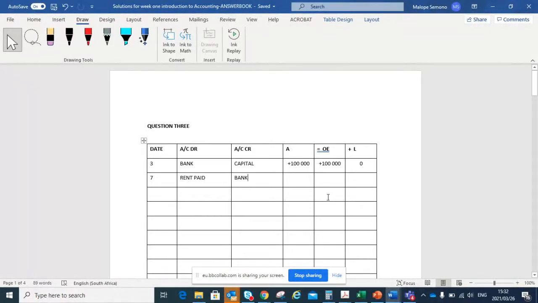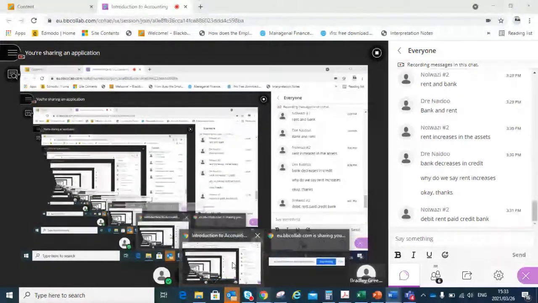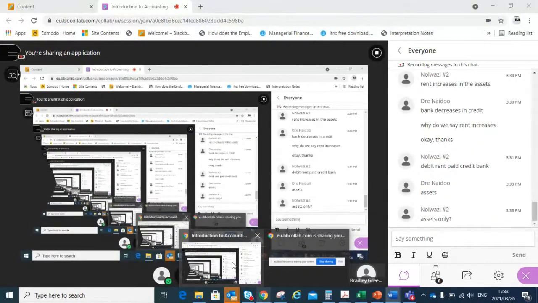So just tell me which columns will I affect and which one will I not affect? Help me with that. Which columns do you think I will affect? Will I affect assets? I agree because we've got assets. Assets only. Any other comment from other members?